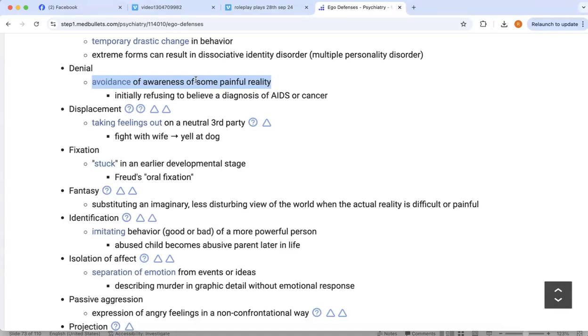And the husband just said, nothing, I'm fine. Now he did not do it purposefully. He just can't remember. So denial is avoidance of awareness of some painful reality. When a patient denies something which is unimaginable for that patient, that is denial. But remember, it is not purposeful. They actually can't remember because they're in shock at the moment. So that's denial.